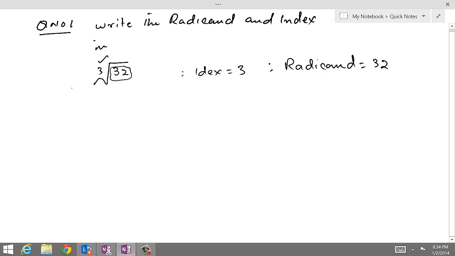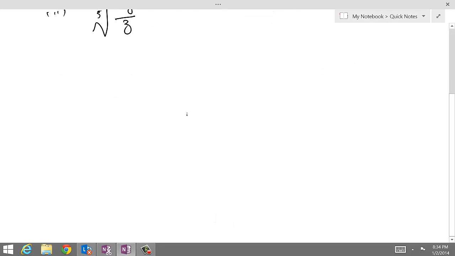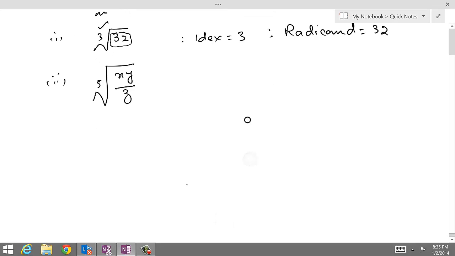So if we do another question, what would be the index in x, y over z, if we take the fifth root? If we take the fifth root, then what is the index?